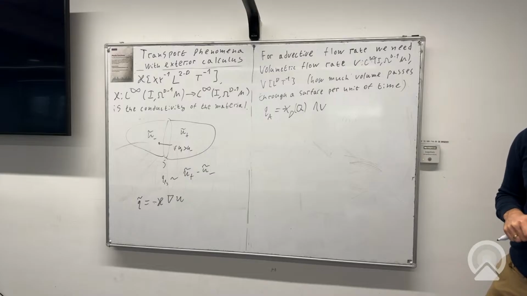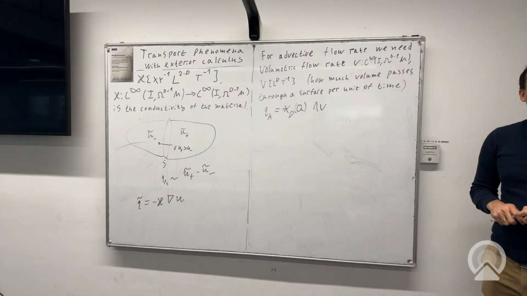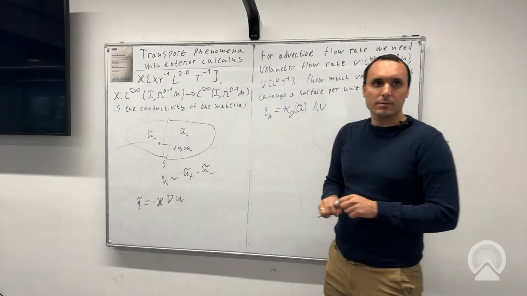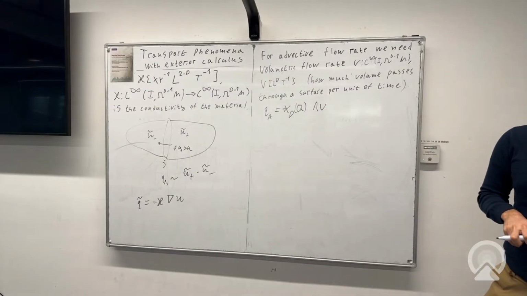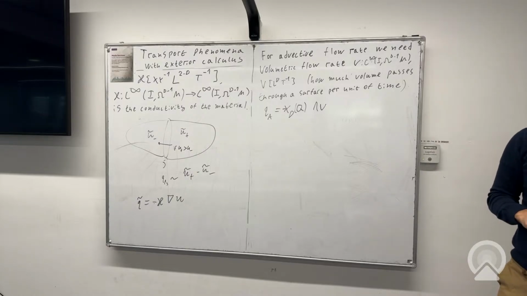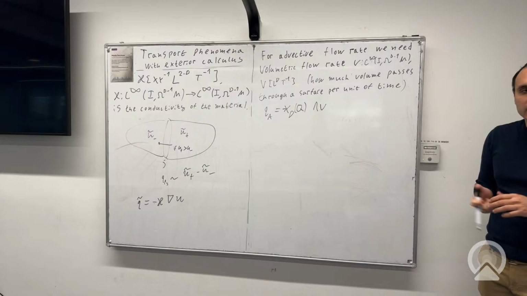What is Q? Is the amount, total amount. So you first apply Hodge star to Q, to make it a density, and then multiply by the velocity. Like energy density times velocity is advective flow, something like that.